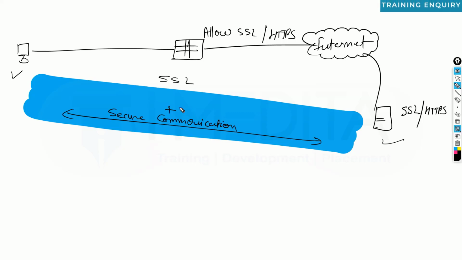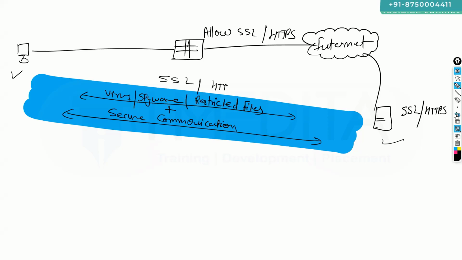Okay, along with secure communication, they can also exchange viruses, they can exchange spyware, they can also exchange restricted files, upload and download they can do. We know very well that this SSL or HTTPS protocol was designed for secure data communication.